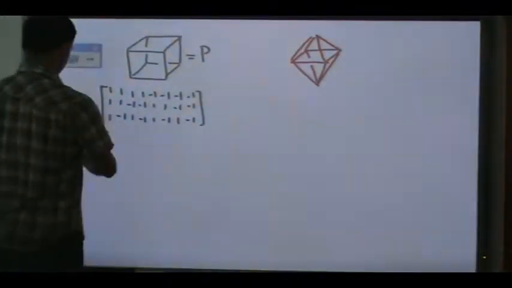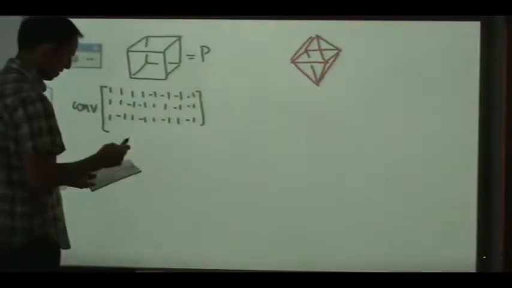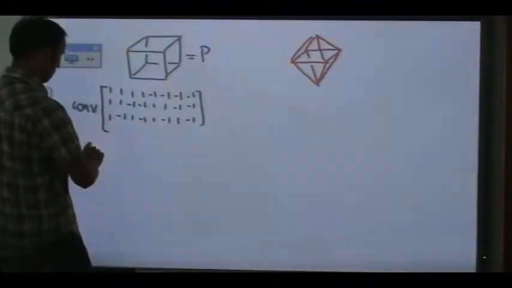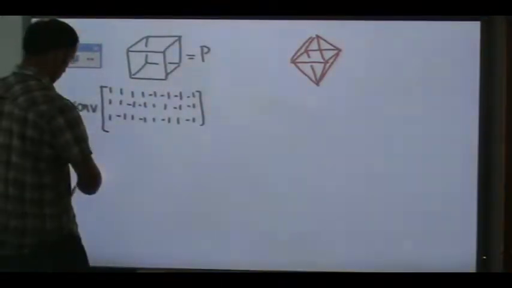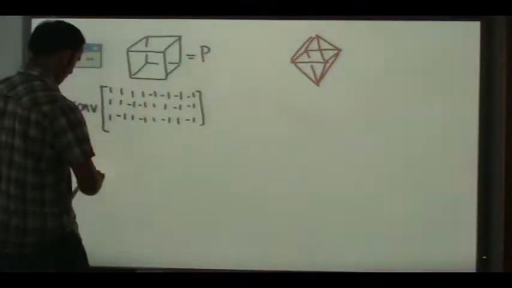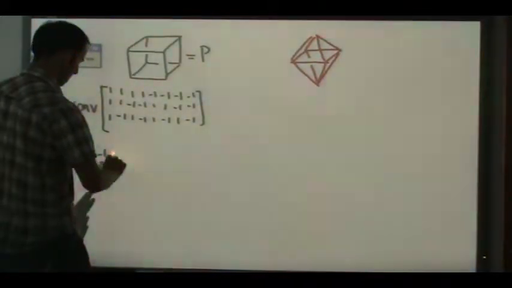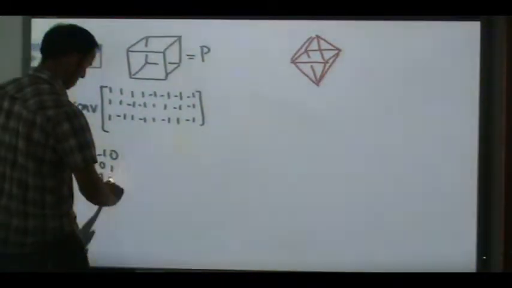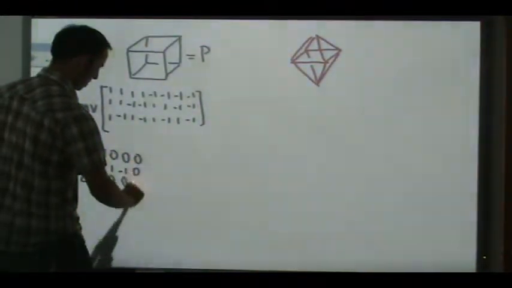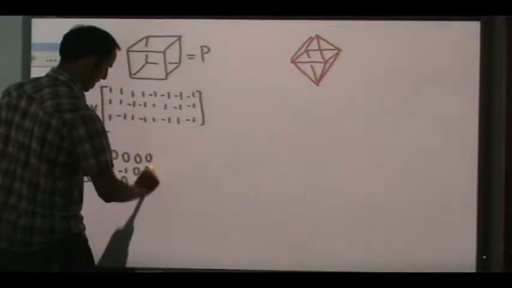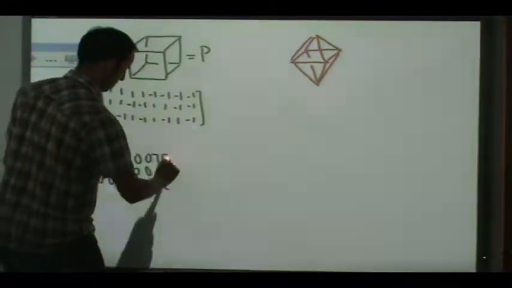So these are the vertices, and the inequalities are given by saying, for example, x is less than or equal to 1, minus x is less than or equal to 1, y is less than or equal to 1, minus y less than or equal to 1, z less than or equal to 1, and minus z less than or equal to 1.